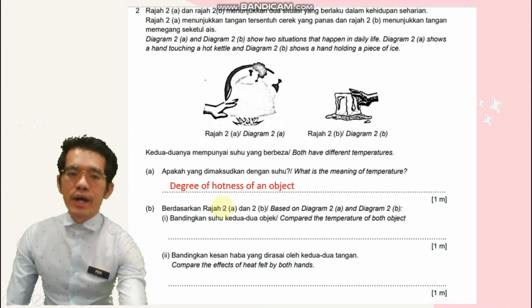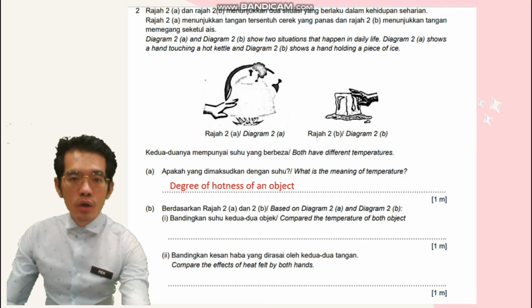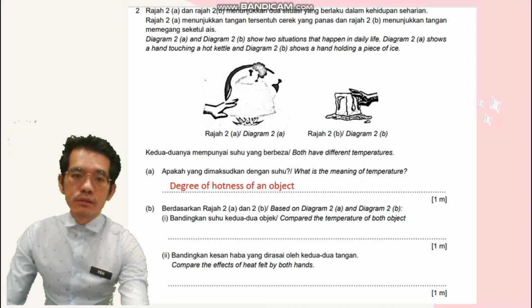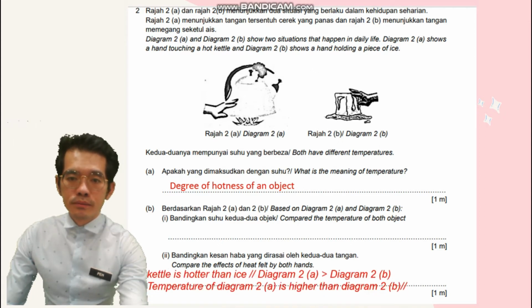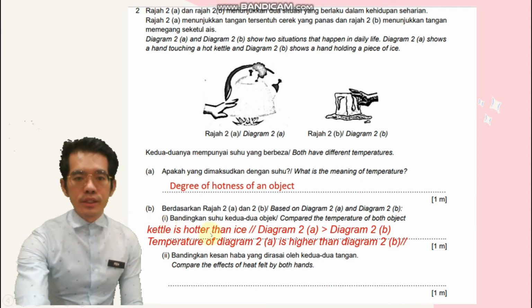Therefore, you may write that the hot kettle has higher temperature than a piece of ice, or you may use diagram 2A has higher temperature than diagram 2B. So let's see the answer. Kettle is hotter than ice.